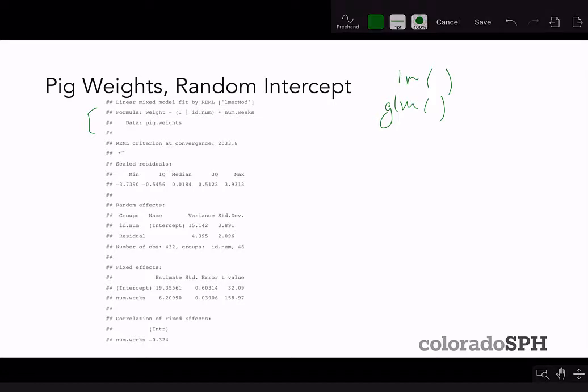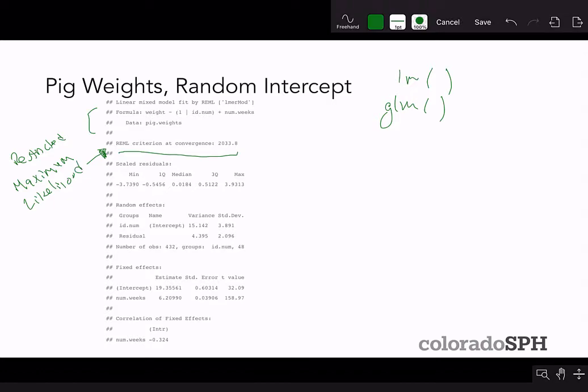It gives you some criterion for convergence, and the REML is how it was estimated. That stands for restricted maximum likelihood. That's just the estimation procedure. I'm not going to talk about that more in this lecture, but I will touch on it briefly next lecture.